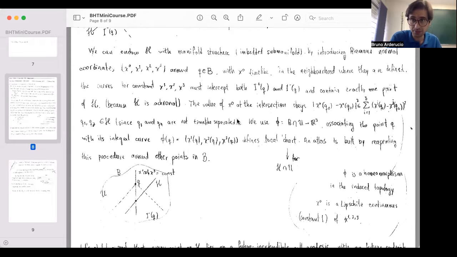As a submanifold, it's an embedded submanifold. That is to say that the mapping phi, defined in this way, is a homeomorphism in the induced topology on the horizon. So it is pretty smooth, I think. You mean it's a diffeomorphism?